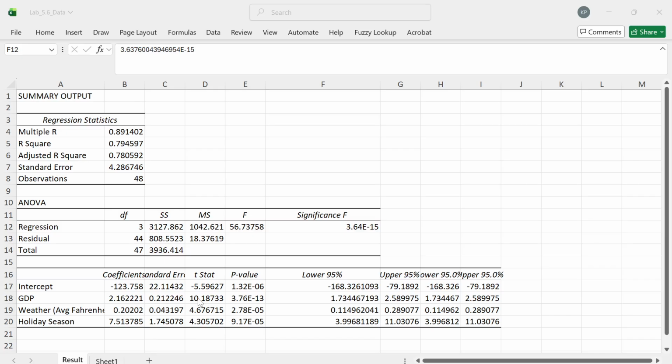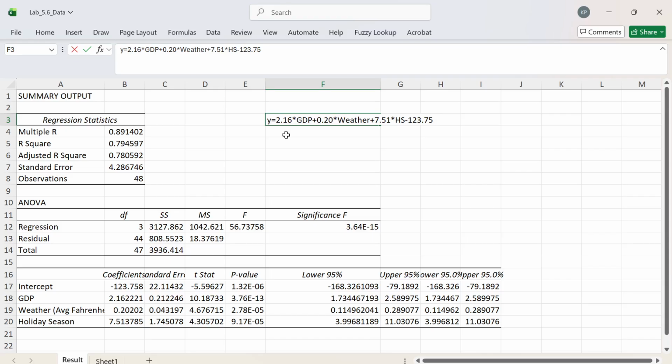And how about the formula? The coefficient of GDP is this, the coefficient of weather this, the coefficient of holiday exactly this, and this is the intercept, B.